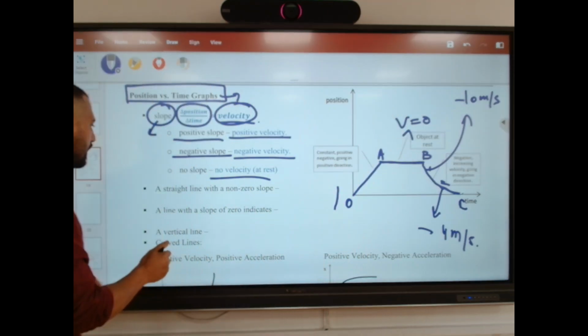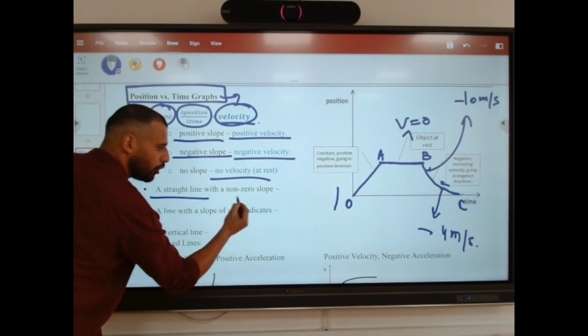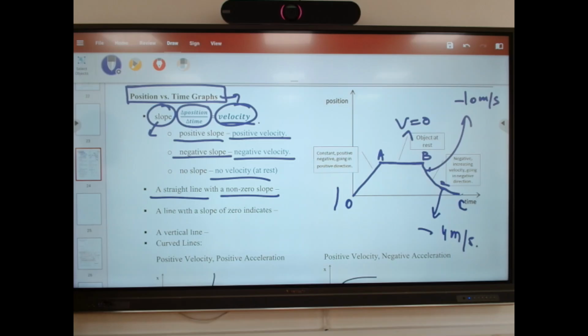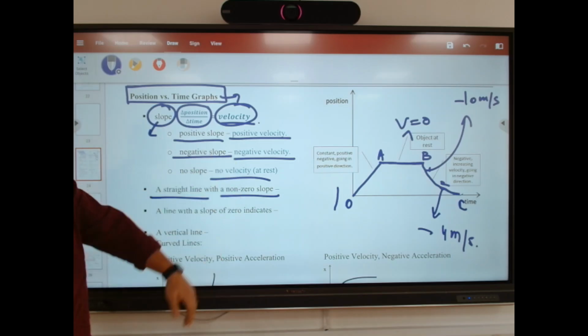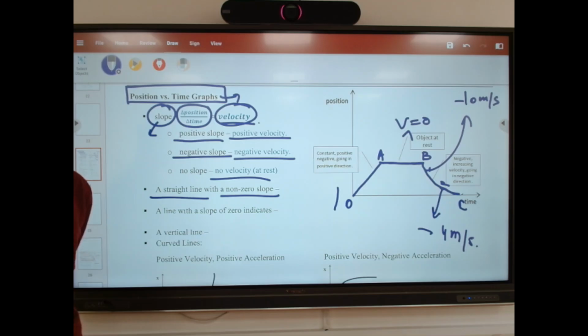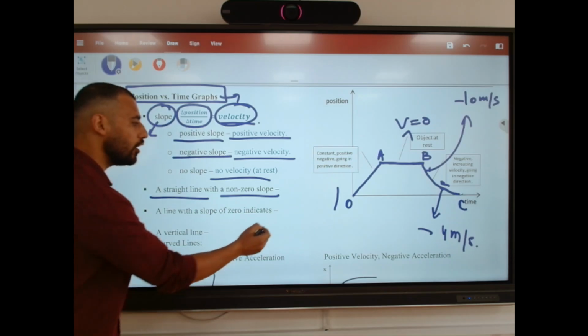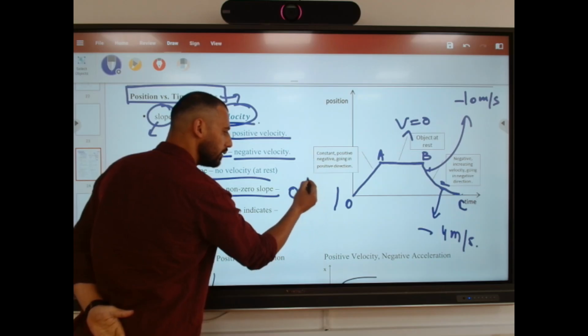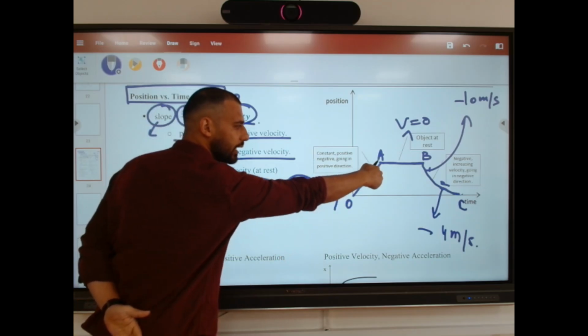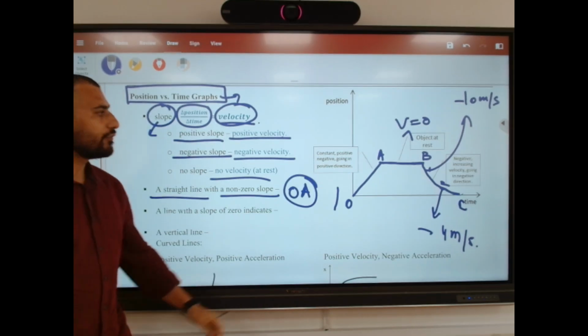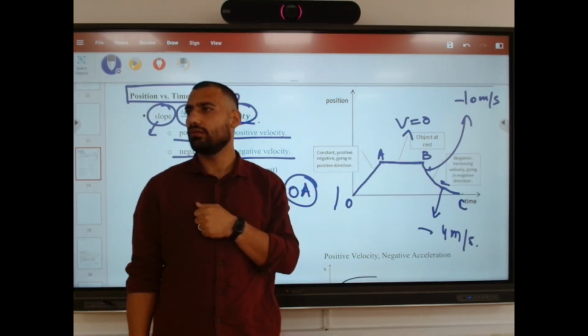Now tell me, a straight line with a non-zero slope, where is it? It is from O to A. Isn't it? A straight line has a non-zero slope. From A to B we have a zero slope.